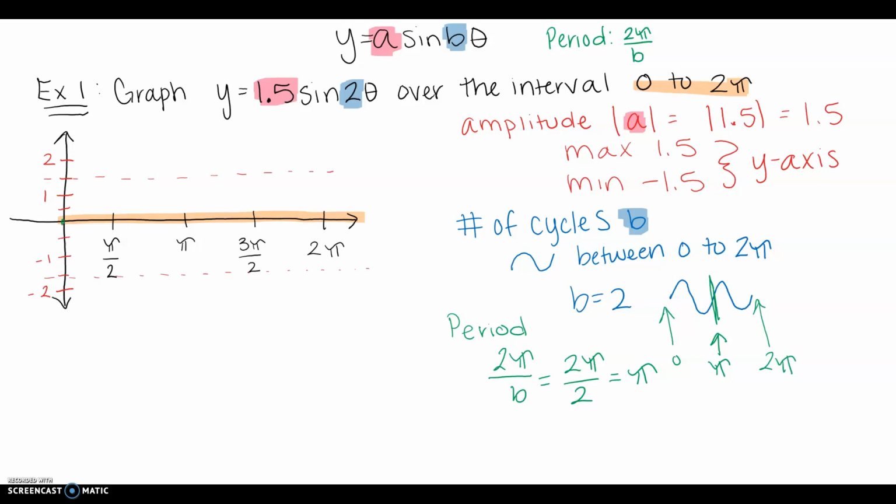So now we know it starts here. We know that at this point right here, it's done one full period. And then we know that at 2 pi it's back at 0, because again, these points right here would be the middle.